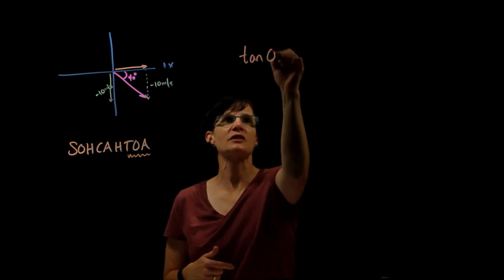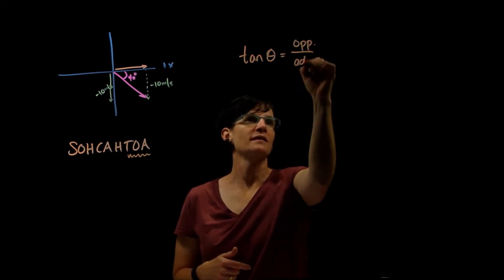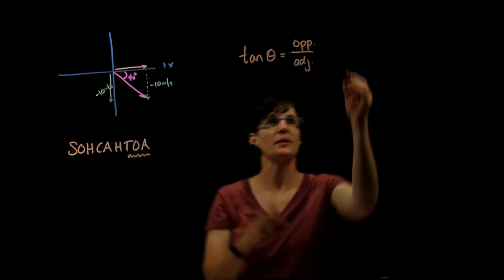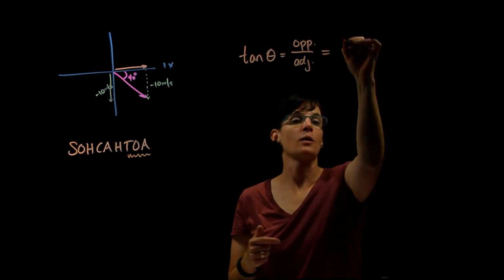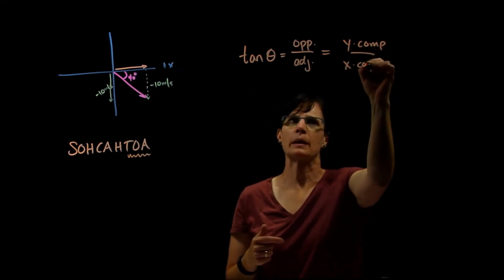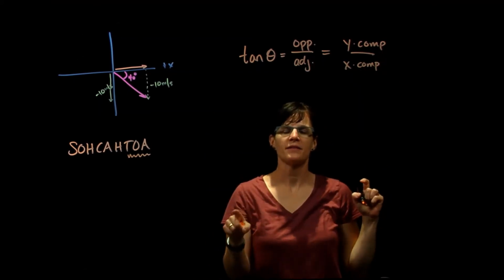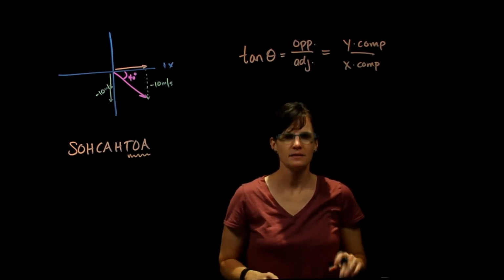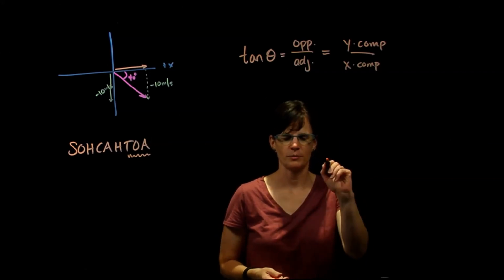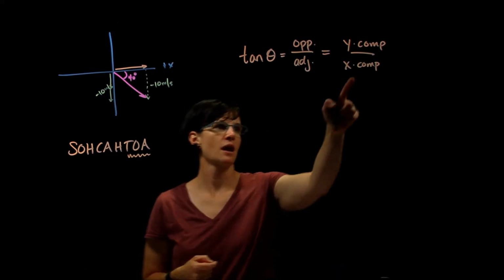The tangent of our angle is equal to the opposite over the adjacent. And in this example, that is our y component over our x component. Now remember, that is in this example based on the positive x-axis. So we want to always be attentive to that description. All right, so I am interested in that x component.